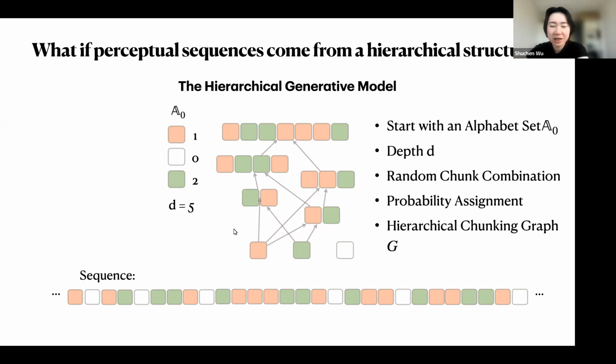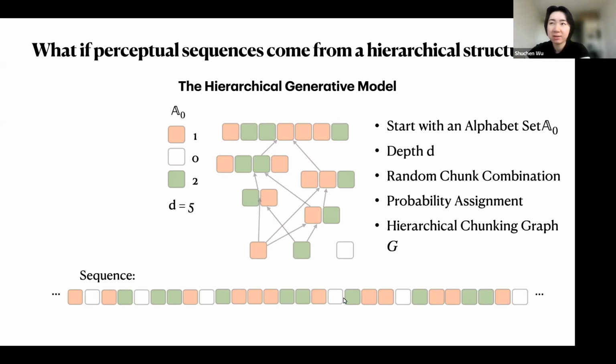For each object, there is a certain probability that this object is going to occur in the sensory sequence. The way you generate the sensory sequence is that, given this set of objects, you randomly sample an object based on its assigned occurrence probability, and then you concatenate them one after another to become this perceptual sequence.